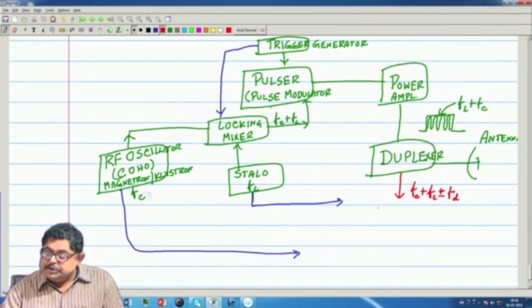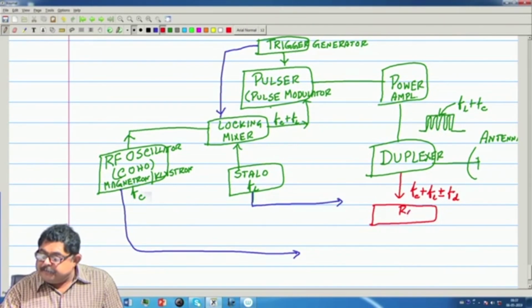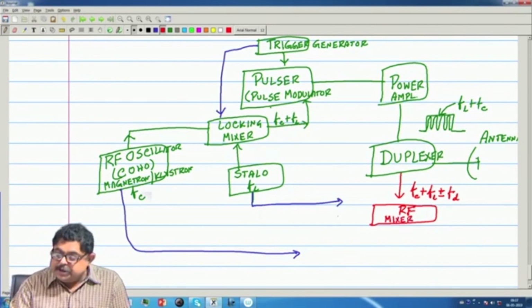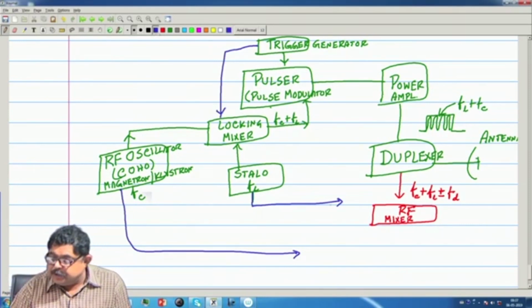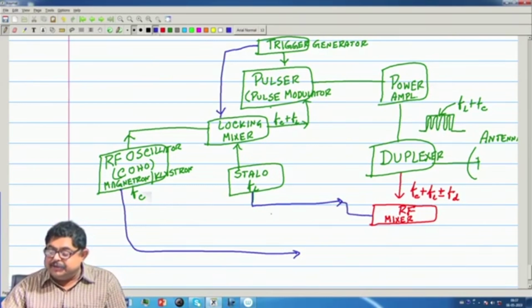That is put to an RF mixer. Now, this RF mixer is fed by this reference FL.